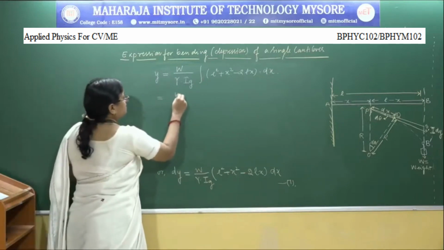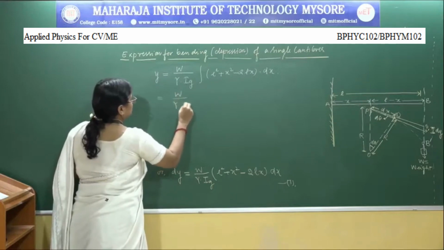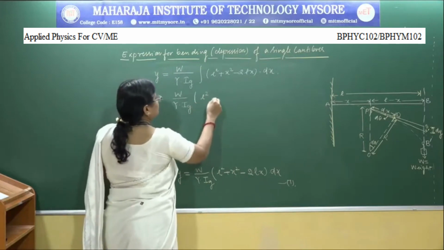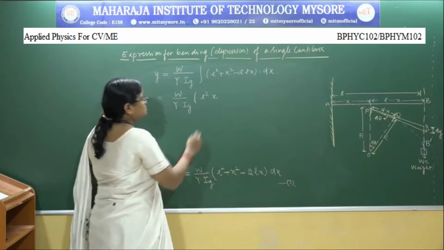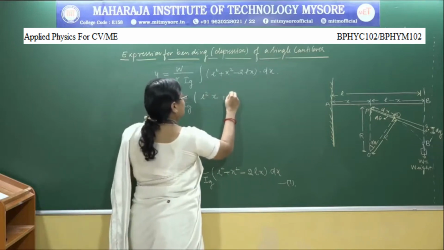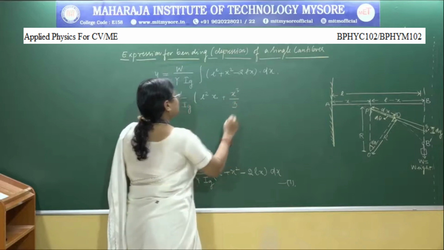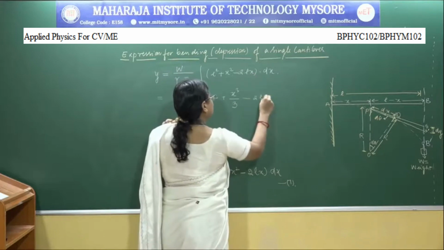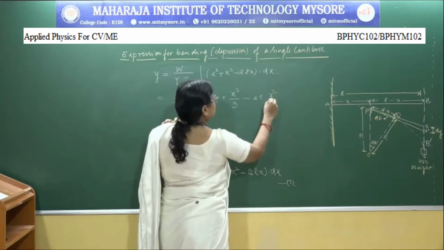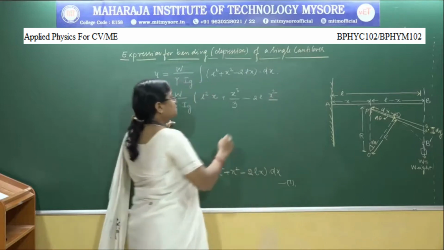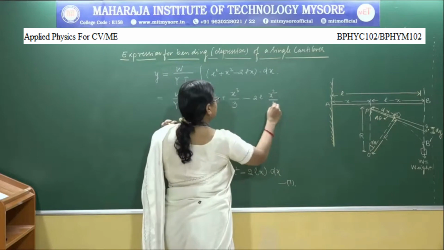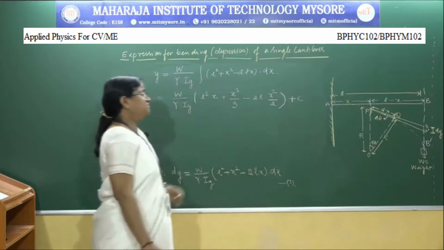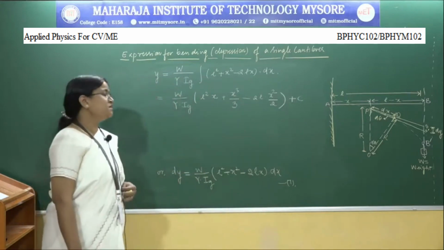If you integrate it, you will get W by Y Ig, L square integration of dx is x, then x square integration will be equal to x cube by 3, and again 2L is constant, integration of x with respect to x is equal to x square by 2, and the constant of integration, as we have not put the limit, will be c.